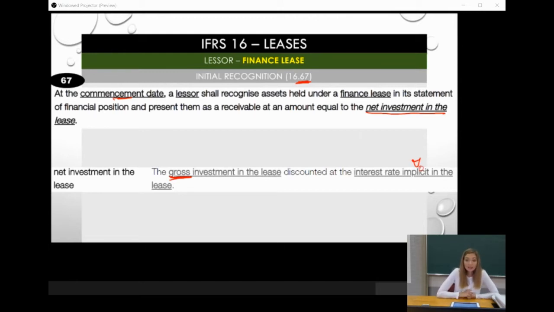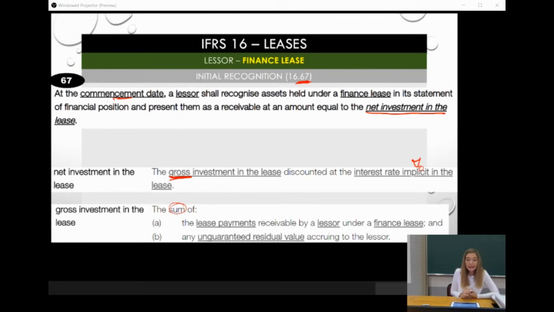Again, in the definitions, the standard tells us the gross investment in the lease is the sum of all the lease payments still receivable by the lessor for this finance lease, plus any unguaranteed residual value accruing to the lessor. So that's our gross investment in the lease.